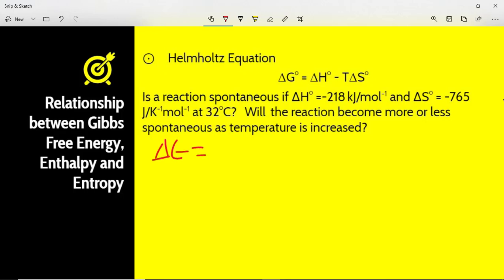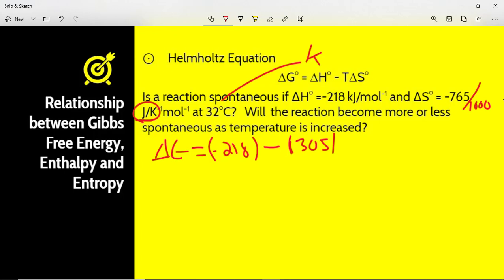And literally we just plug in and solve. So delta H is negative 218 here. We're going to subtract our temperature. Temperature has to be in Kelvin, so we're going to add 273 to that, which results in 305. Now be careful here. Remember, delta S is in joules, so we need to divide this number by 1,000 in order to get it into kilojoules.